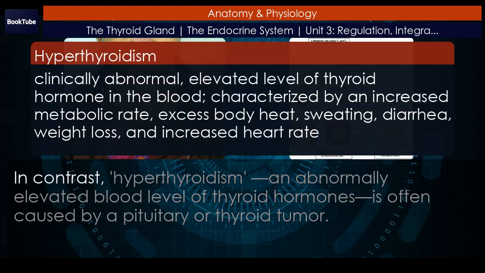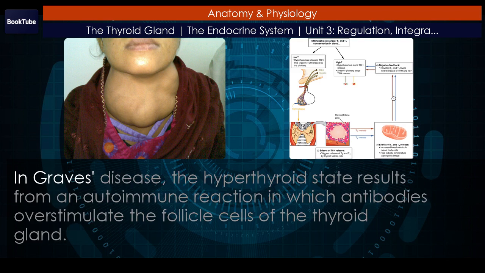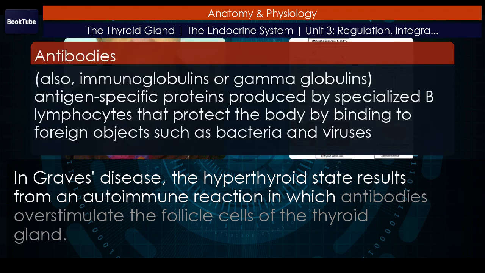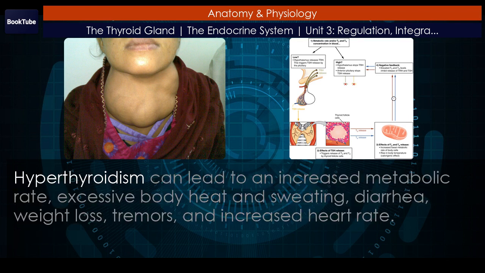In contrast, hyperthyroidism, an abnormally elevated blood level of thyroid hormones, is often caused by a pituitary or thyroid tumor. In Graves' disease, the hyperthyroid state results from an autoimmune reaction in which antibodies overstimulate the follicle cells of the thyroid gland.